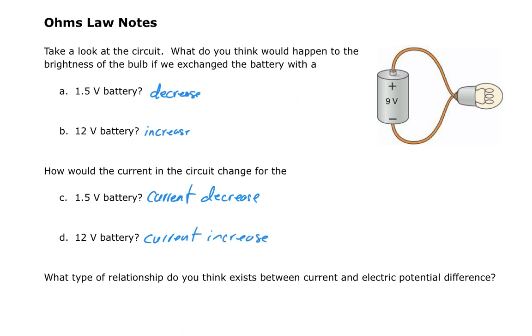So we can see that the brightness depends on the current through the bulb. Let's put that down to keep it in our minds: brightness is determined by the current through the bulb.